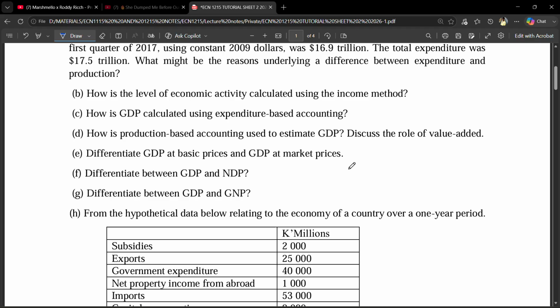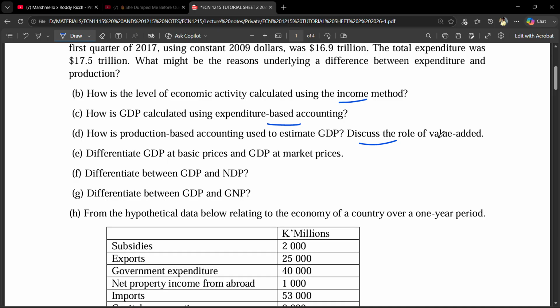The same value that you get here is the same value you get there. Here you simply add only the value of those final goods that were sold either to consumers or exported. We're talking about the value of the final goods only.